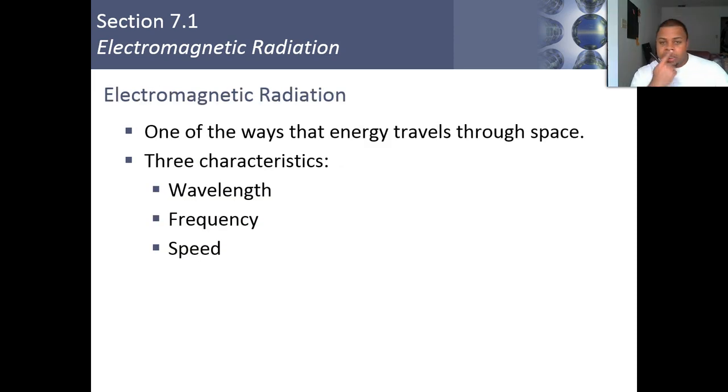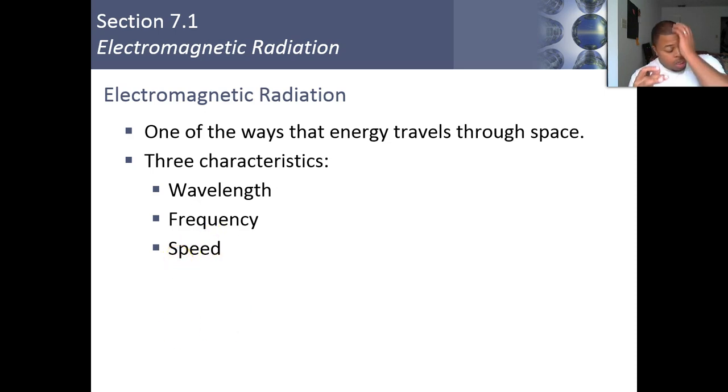Now, we have to consider these three characteristics of waves or energy as it travels through space: the energy, the wavelength, the frequency, and the speed at which it moves. The third of the three is always going to be the same.